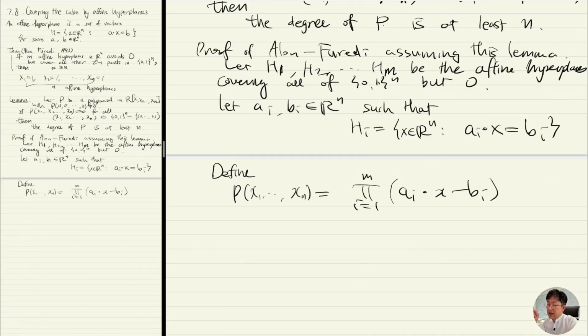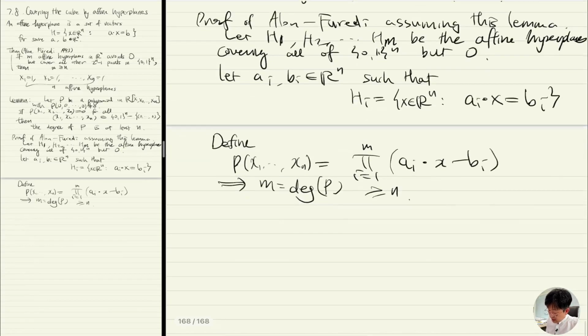When you put x to be 0, this becomes non-zero. And if x is a non-zero vector in the cube, this is going to be 0 by the assumption, because these hyperplanes cover all the points except 0. So the degree of P has to be at least n, so m is at least n. So this lemma is essentially implying the theorem.